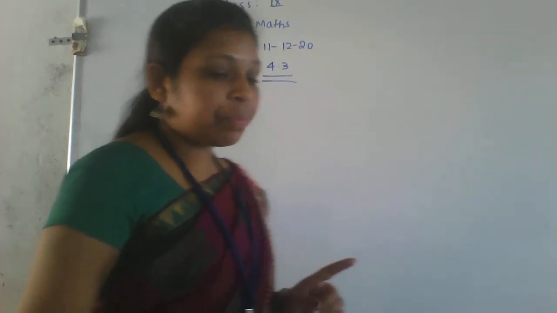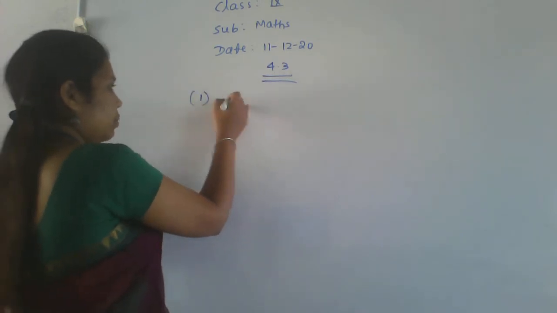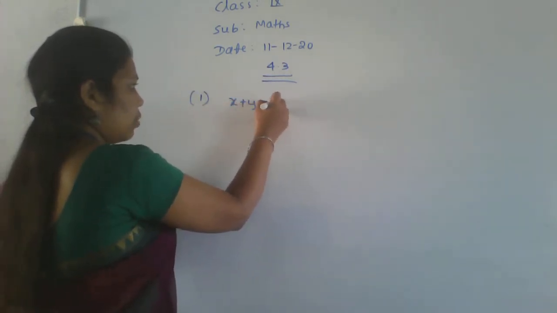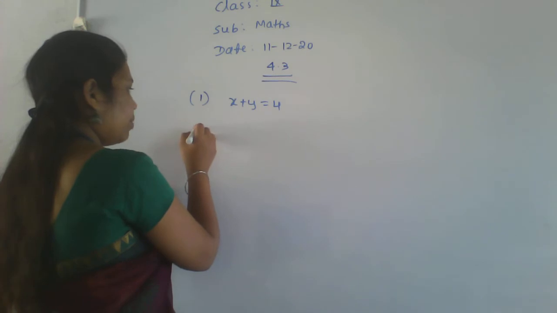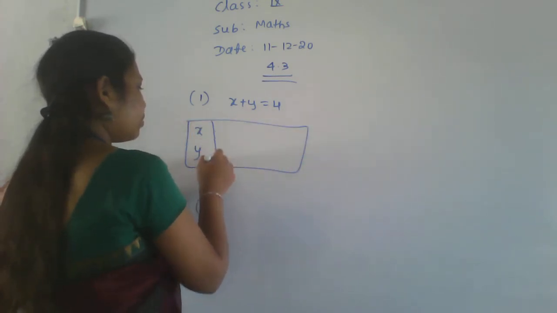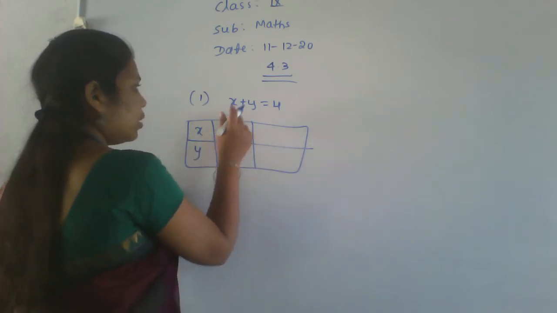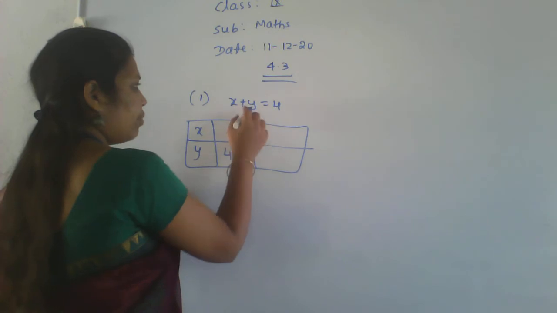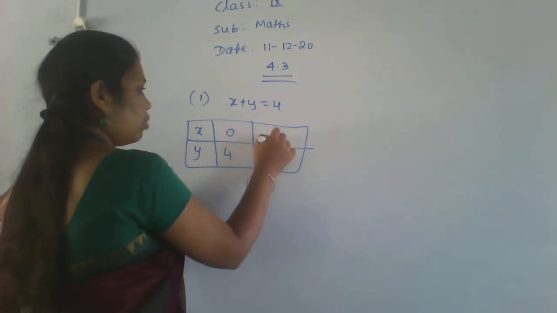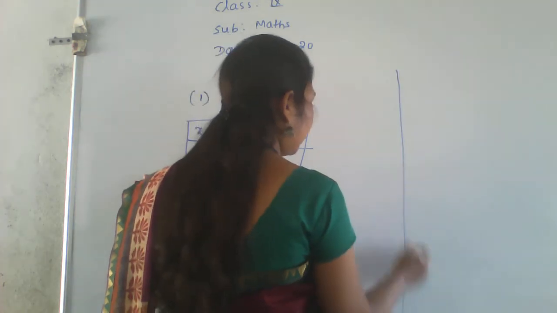First one is x plus y is equal to 4. Find the coordinate points. If x is equal to 0, y is equal to 4. If y is equal to 0, x is equal to 4. I have written it directly. If you have confusion, then do it yourself.